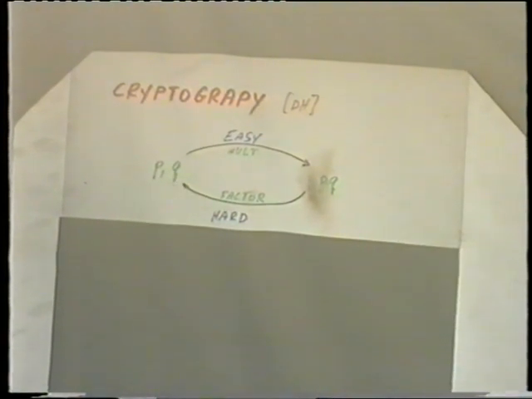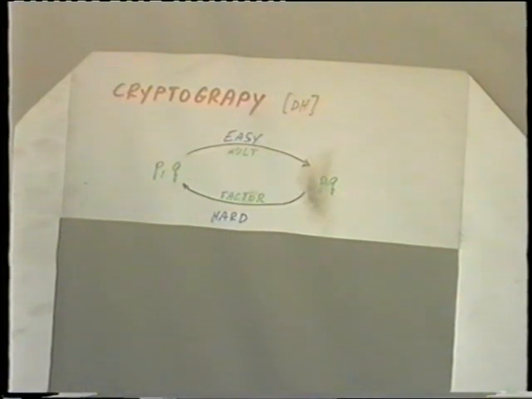If you start with 2 primes, P and Q, it's very easy to multiply them and to get the product. When you start from the product, then you have the factoring problem to get back to this pair. So somehow we already see that when we look at things computationally, we really have meaning to this hard and easy.